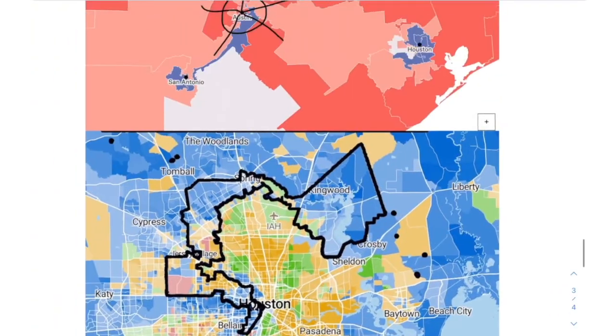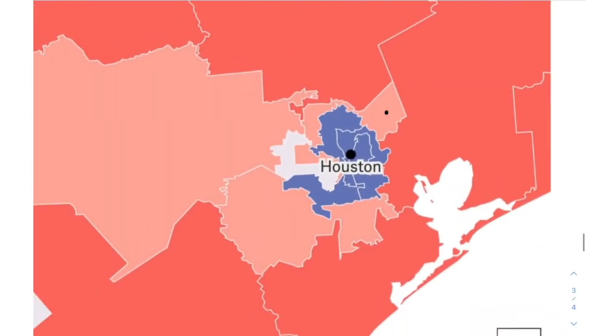This strange region up here, this weird snaky bit that goes like that, that I just scribbled on, is district number 2, which is currently the district represented by Dan Crenshaw. You know that guy? It's the guy with the eye patch. He was injured in Iraq, I think, or Afghanistan.